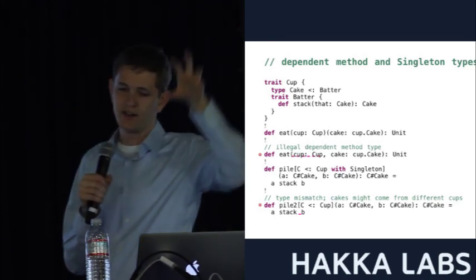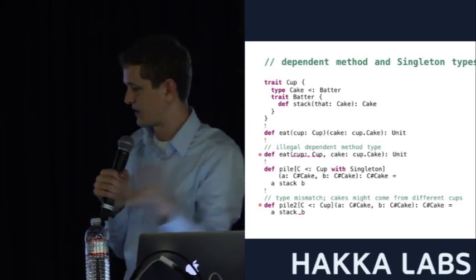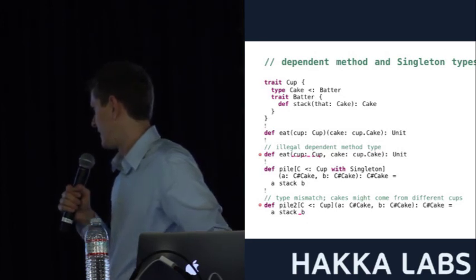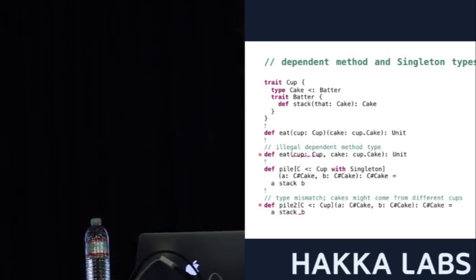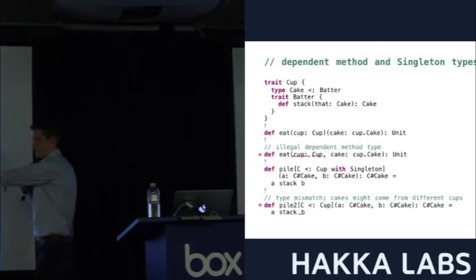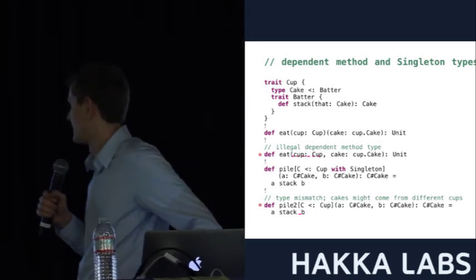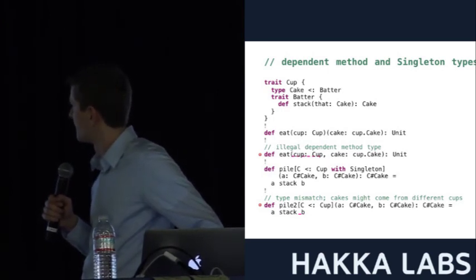You're saying essentially that you don't want a group of types, you want some specific type, and then all the values are going to come from the same place, and that makes sure that it's sound. And if you try to omit this singleton here, there's no way to know that you're not passing in cakes from two different outer types, and so it wouldn't be sound. So that's for button.